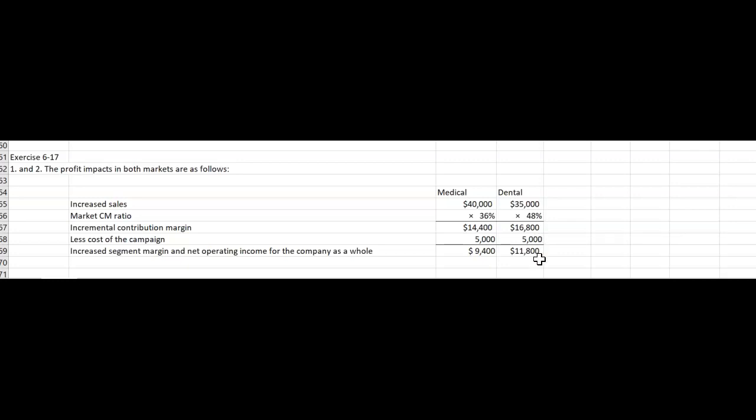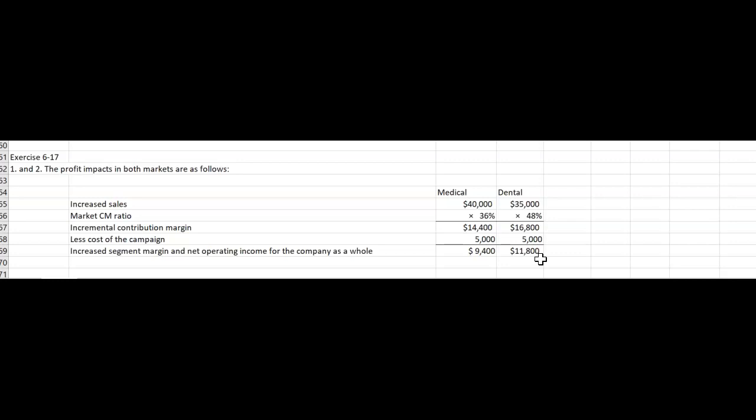So our net increase in the segment margin for the dental would be $11,800. So what market would you select? Would you take the medical market or the dental market? Well, the dental market gives you a higher net increase in the segment margin.